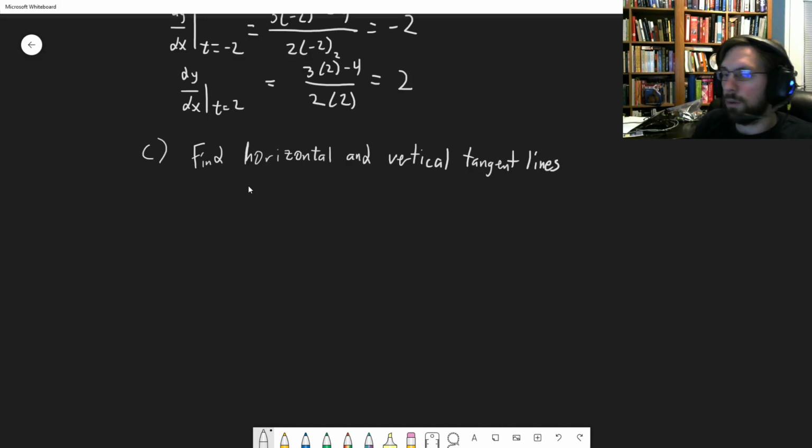Horizontal tangent lines shouldn't be anything new. This is when the derivative is 0. So horizontal tangent lines are when dy dx is equal to 0.